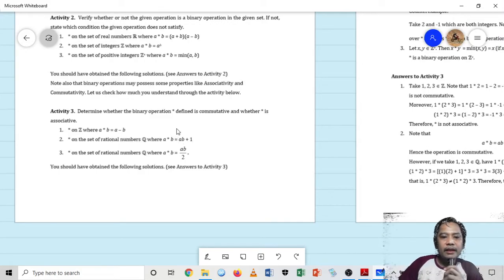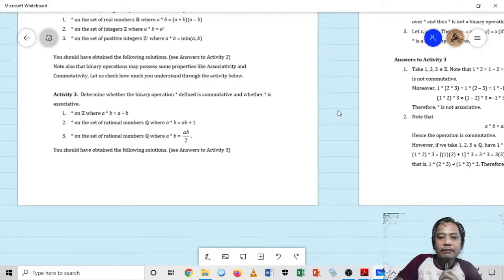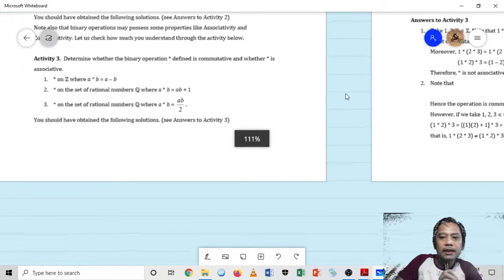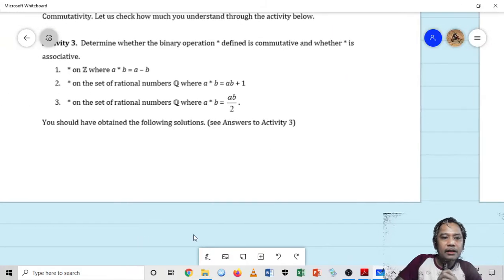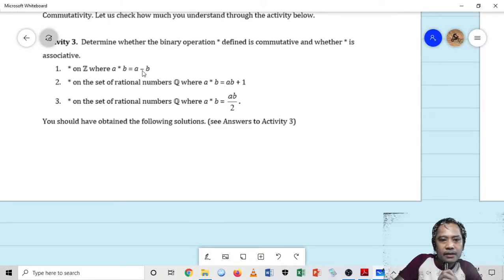In activity 3, we need to determine whether the binary operation defined is commutative and whether it is associative. In number 1, activity 3, the operation is the usual subtraction defined on Z, the set of integers.